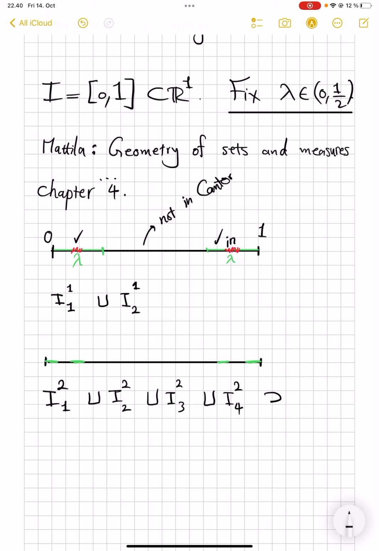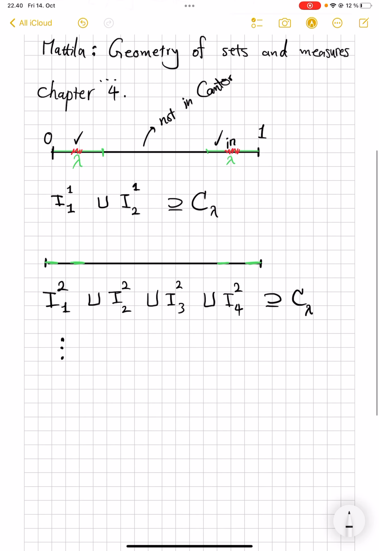So my Cantor set, which I will build and which will depend on lambda, will ultimately be a subset of all these levels. So then you continue forever. Therefore, precisely this C lambda will be inside all levels. So you can say k is the level, so k from 1 to infinity.